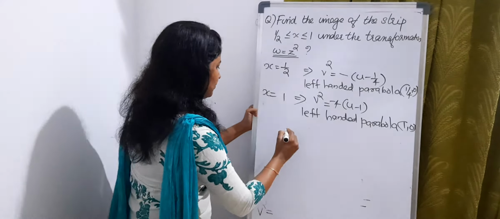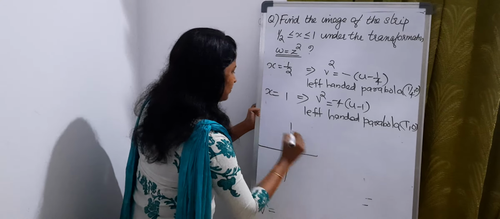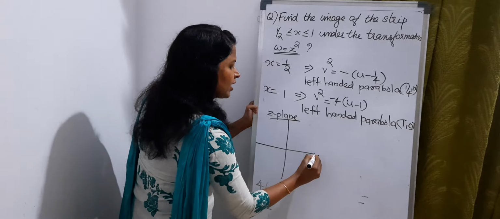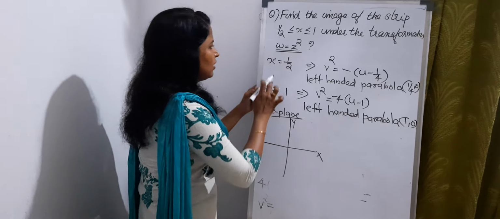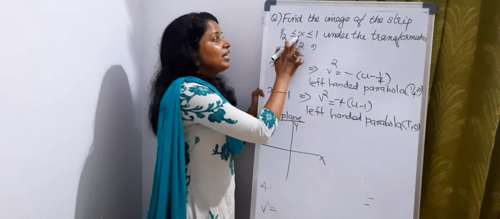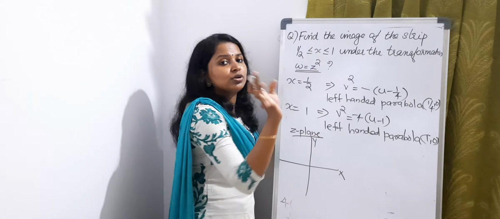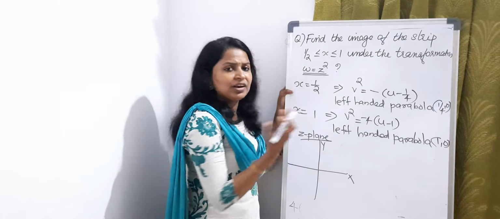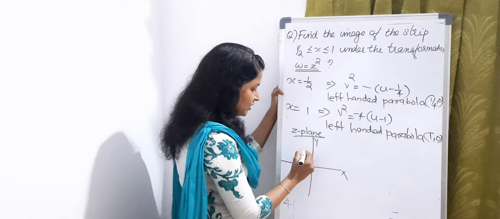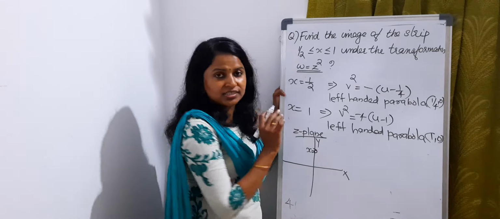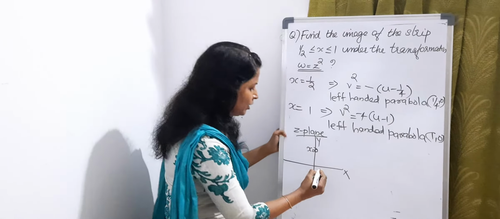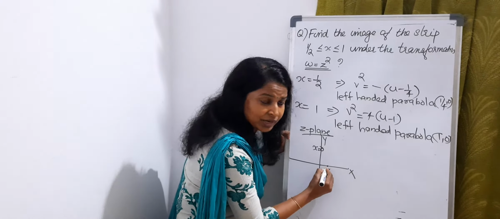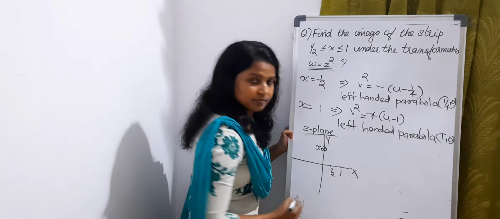Now the z plane. This is the x-axis and this is the y-axis. Here the strip is 1/2 ≤ x ≤ 1. We take x = 1/2, suppose this is 1/2, then this is 1.